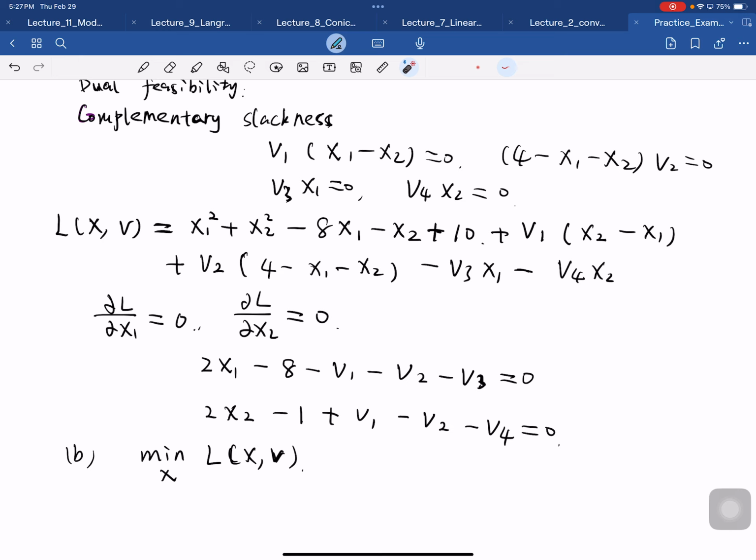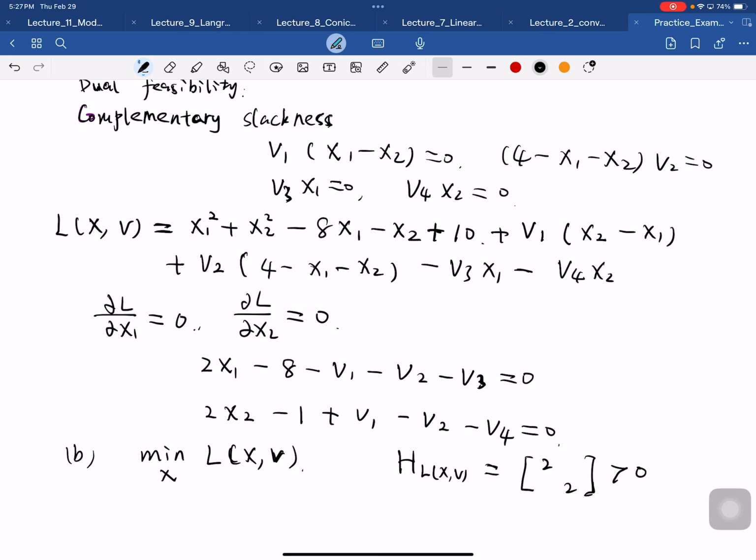So the Hessian of this Lagrangian function is just 2 and 2 on the diagonal, right? So you take the second order derivative, we are only left with those quadratic terms here. And as you can see, this Hessian matrix is positive definite, right?